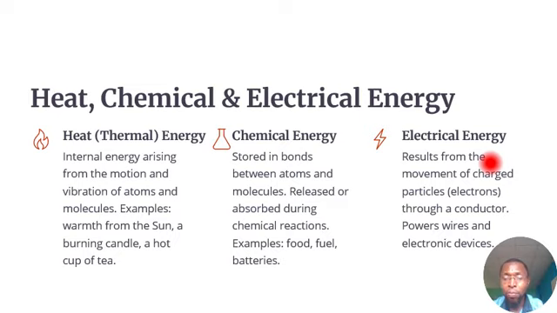When they are moving, they either generate electricity for the purpose of supplying power, or they might be hazardous. But the point is that when charged particles, which are called electrons, are moving, we say that electrical energy is being generated.